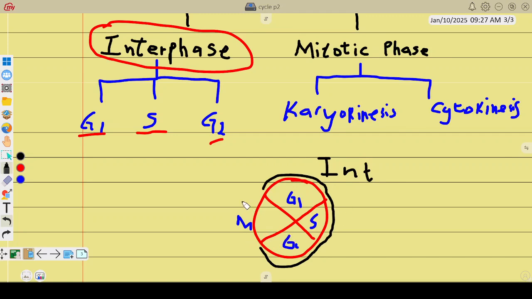And then after G2, we have the mitotic phase. An important concept is that interphase is longer than the mitotic phase. So now let's go to today's lesson.